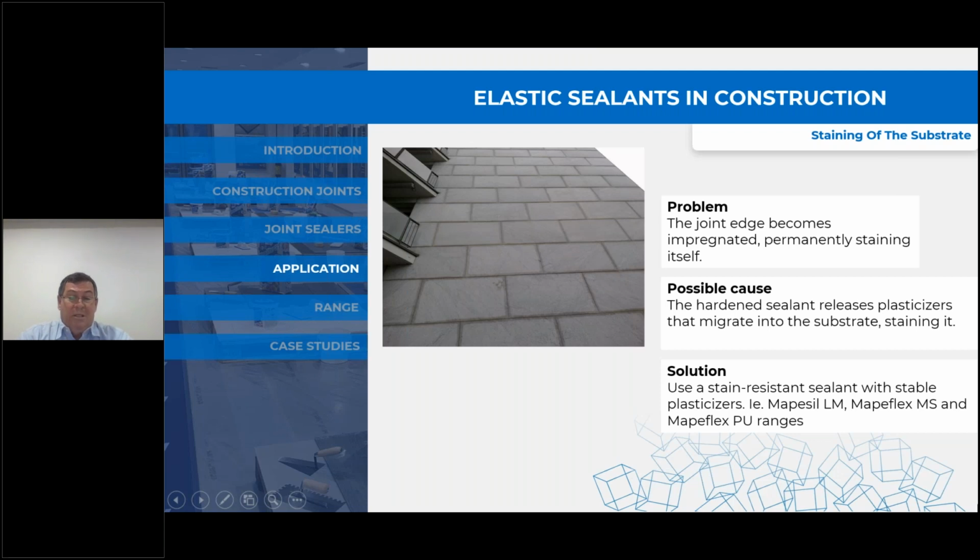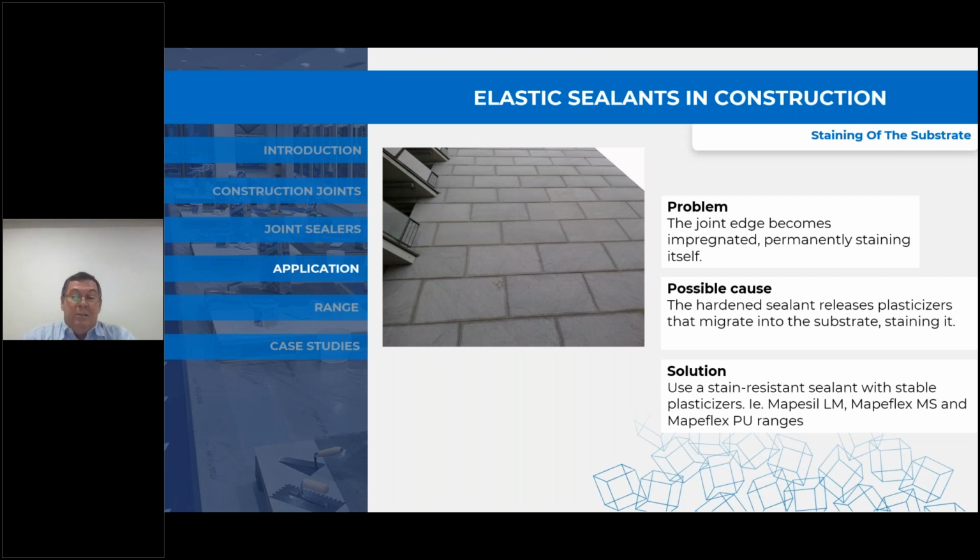The possible cause of that is the hardened sealant releases plasticizers that migrate into the substrate, staining it. This is quite common with silicones. It rarely happens with polyurethanes or MS polymers, silylated polymers, and any of the hybrid type materials.